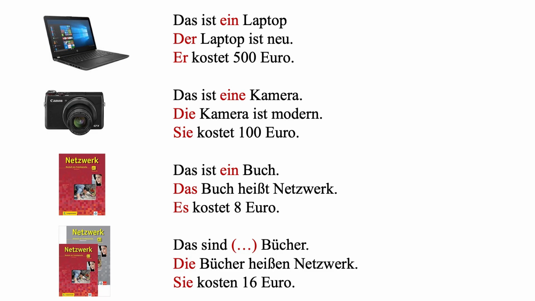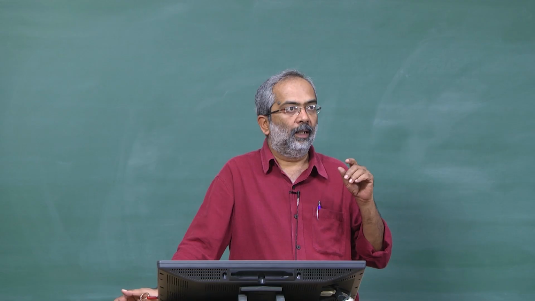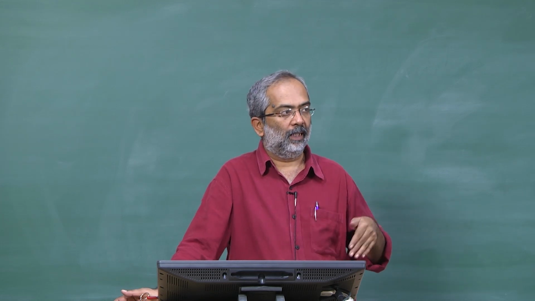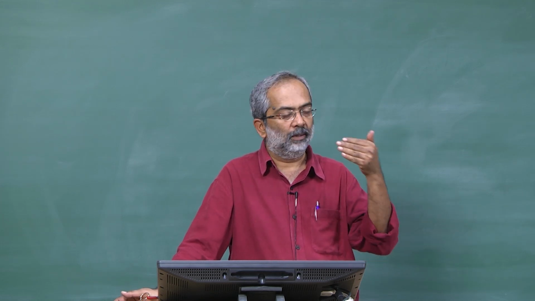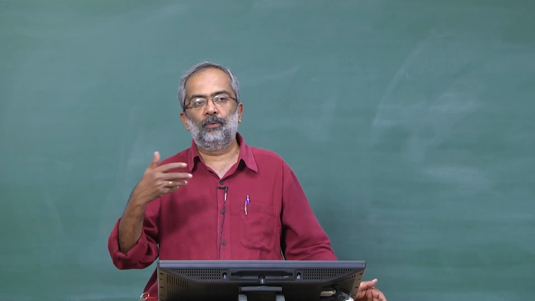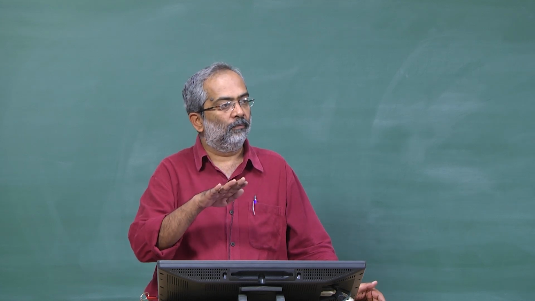Similarly, das ist eine Kamera, die Kamera ist modern, sie kostet 100 Euro, und das Buch heißt Netzwerk, es kostet 8 Euro. The distinction between noun and pronoun is also clear to all of us: once we use a noun, then in the following sentences we can replace the noun with a pronoun.